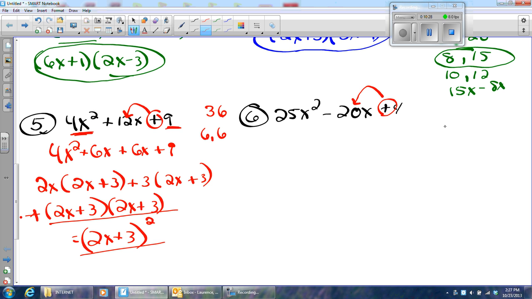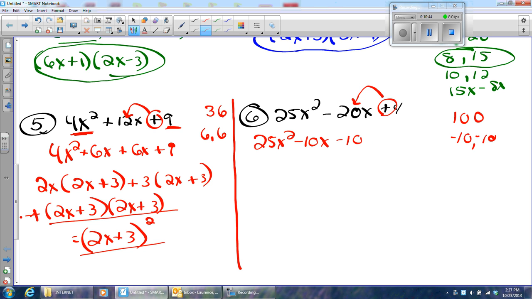Okay, so 4 times 25 is 100. I need two factors of 100 that add to get negative 20. Well, it sounds like 10 and 10, and both would be negative, right? So 25x squared minus 10x minus 10x plus 4.